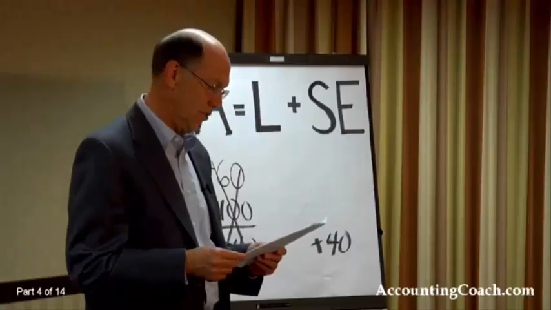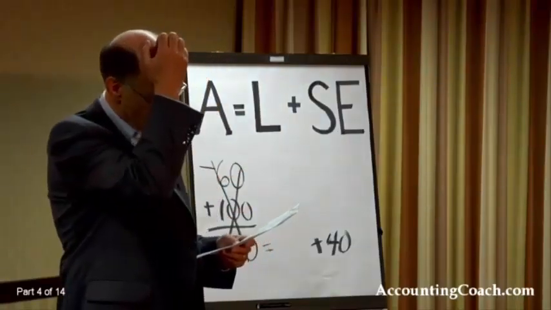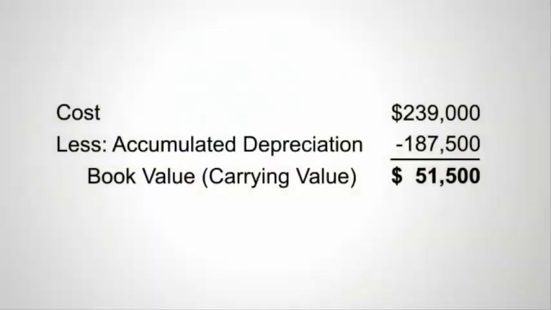So let's get back to what we're showing here. We had said then that the $187,500 of accumulated depreciation is the amount that's been taken for the assets that we have in use since those assets were purchased. And since this number is quite big in relationship to the cost, we got a pretty good indication these assets have been around a while.